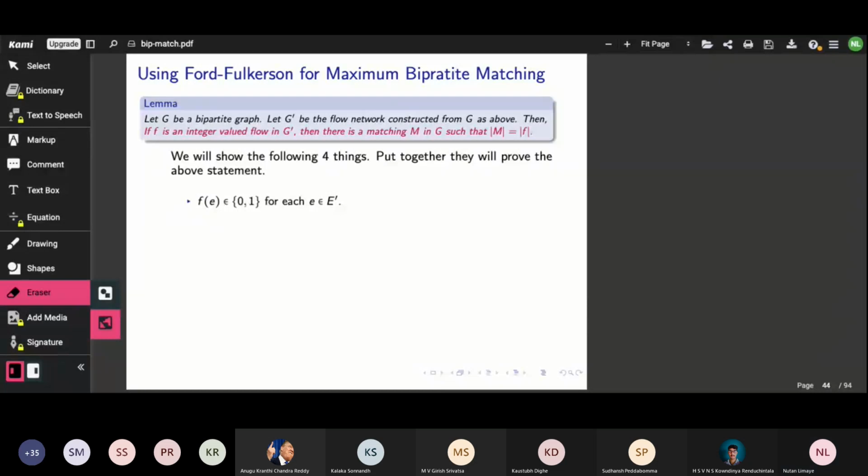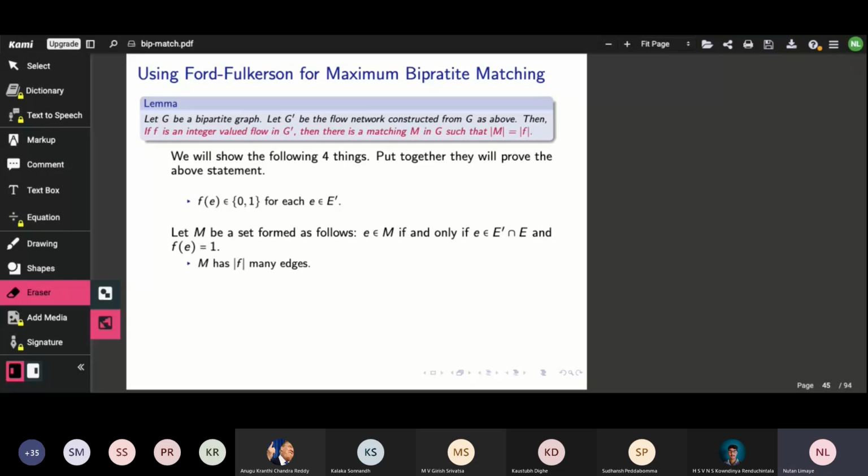So here are the 4 observations. Firstly, we'll observe that the flow is either 0 or 1 for each edge E in E prime. This is something we have done in other applications as well, and it will be quite easy to show this. Let M be a set. Now I'm trying to describe the matching we will form from the flow, and we haven't yet shown that this is a matching or anything like that, but let's just define a set M of edges.